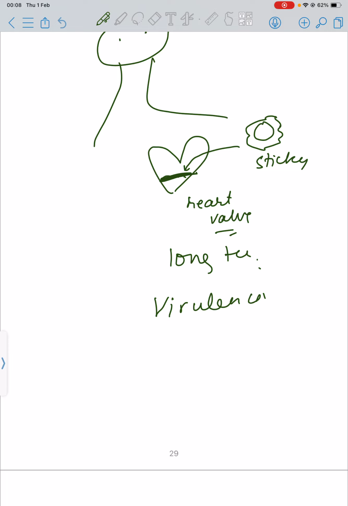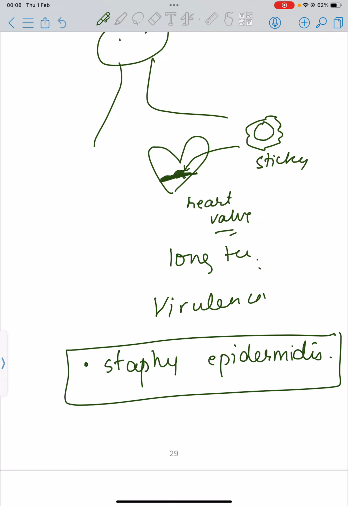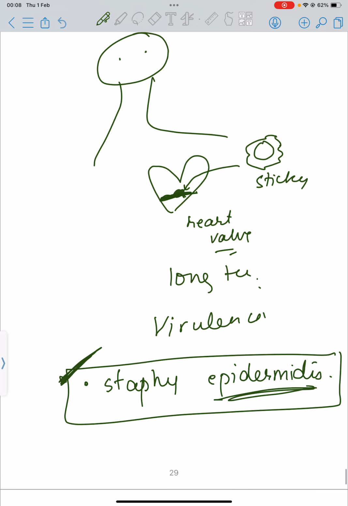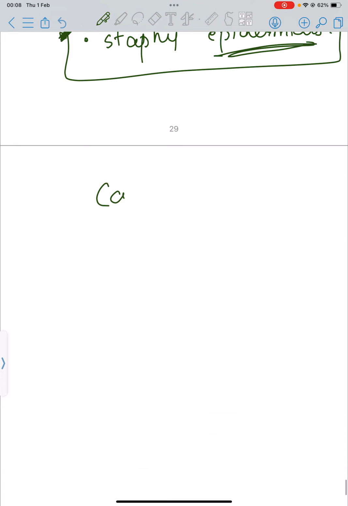It won't be removed easily. A very famous example is Staphylococcus epidermidis, the first bacteria mentioned in this session, which has glycocalyx.